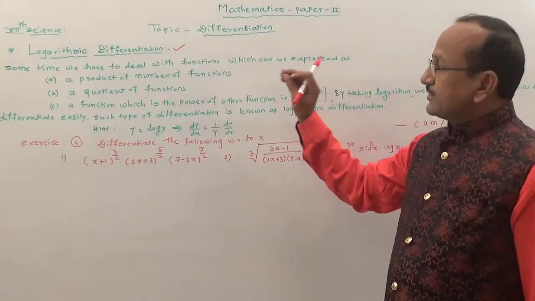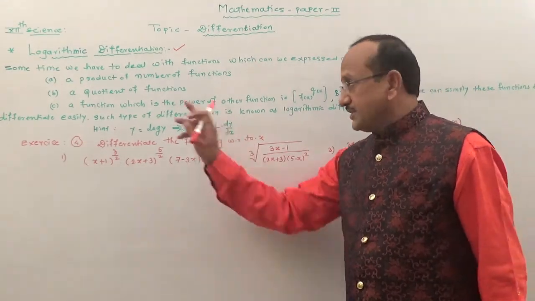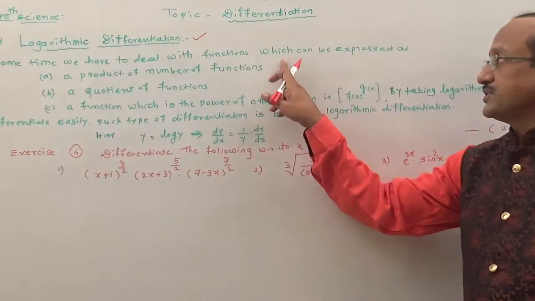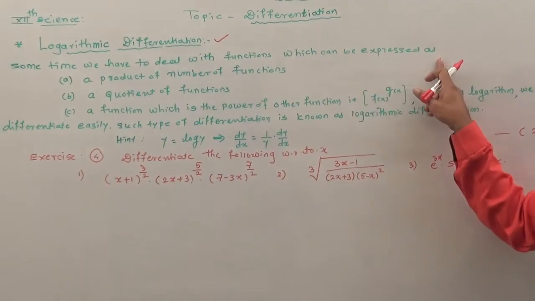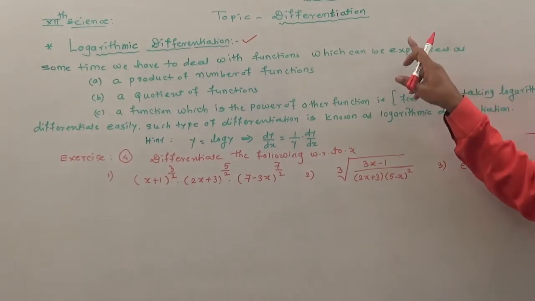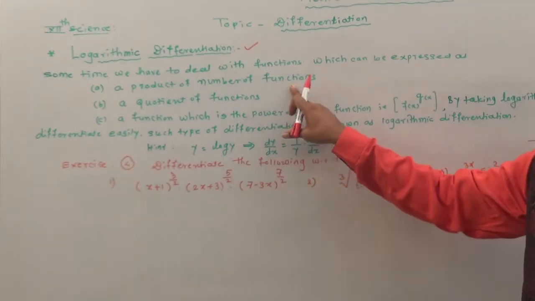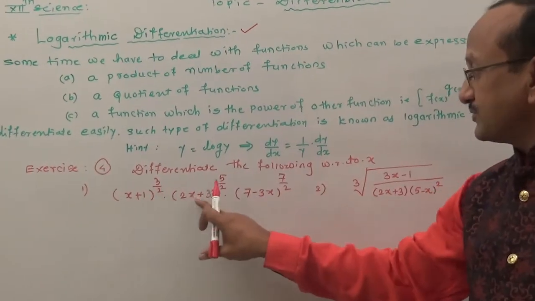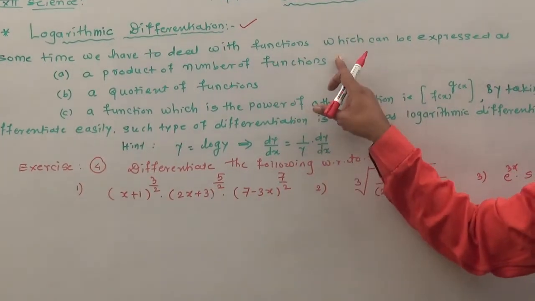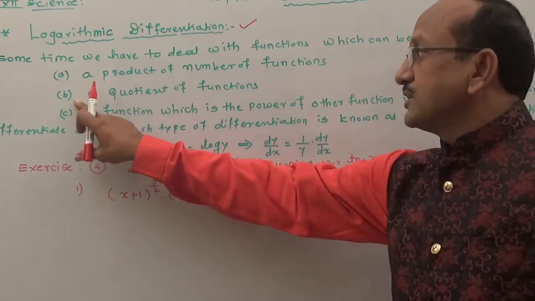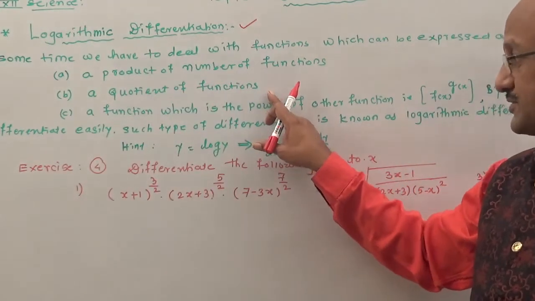When we apply logarithmic differentiation, sometimes we have to deal with functions that can be expressed as, number one, a product of a number of functions. Second, a quotient of functions.